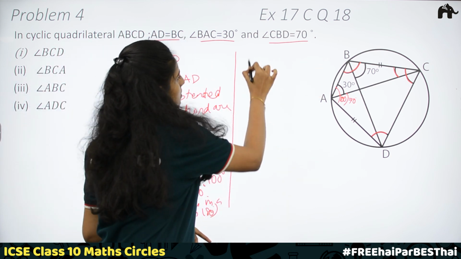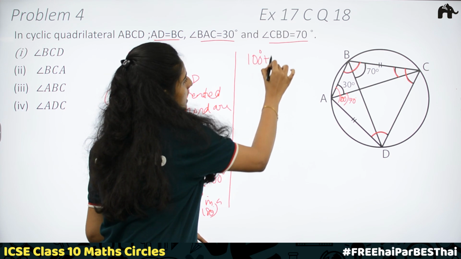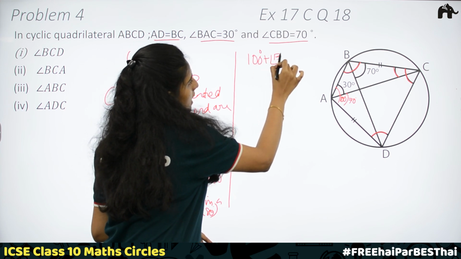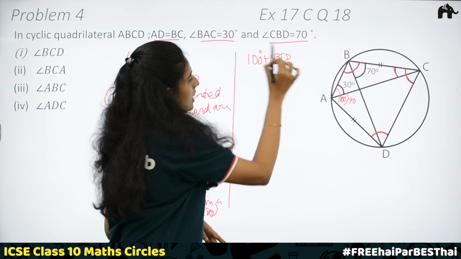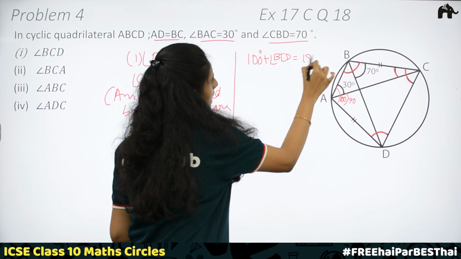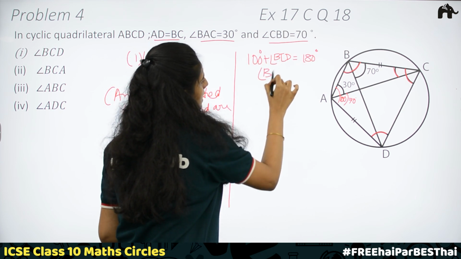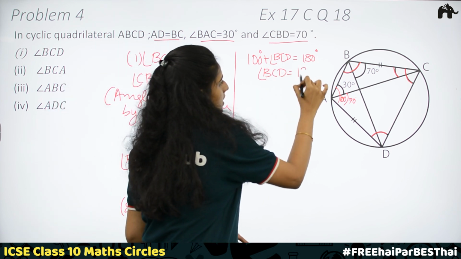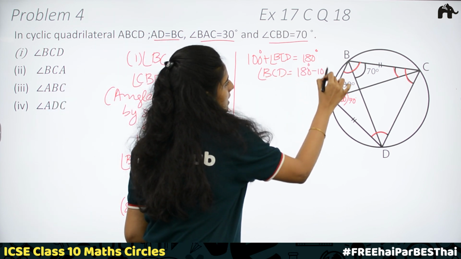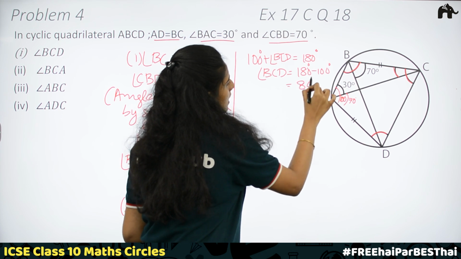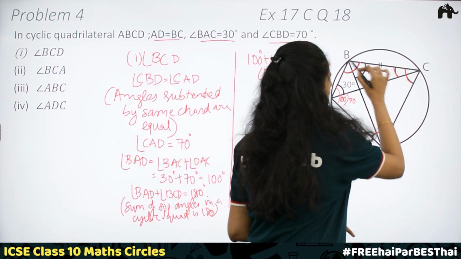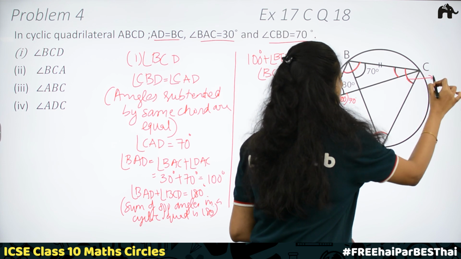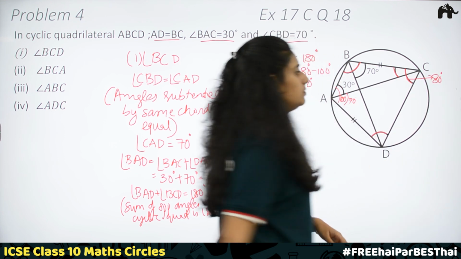BAD we have determined is 100 degrees plus angle BCD is equal to 180 degrees, and angle BCD will be equal to 180 degrees minus 100 degrees, equal to 80 degrees. So, this measure BCD is 80 degrees.